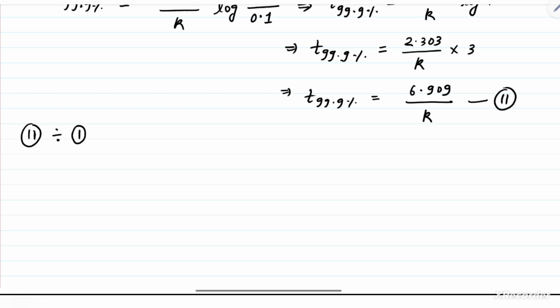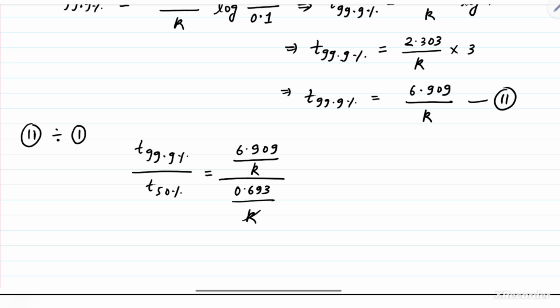So what we have is T 99.9% divided by T 50% is equals to 6.909 by K divided by 0.693 by K. So K cancels out, and this is exactly 10 times.